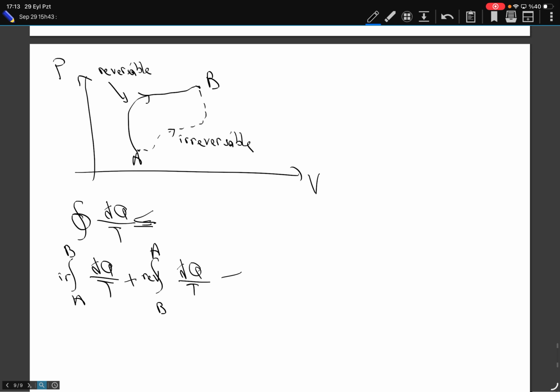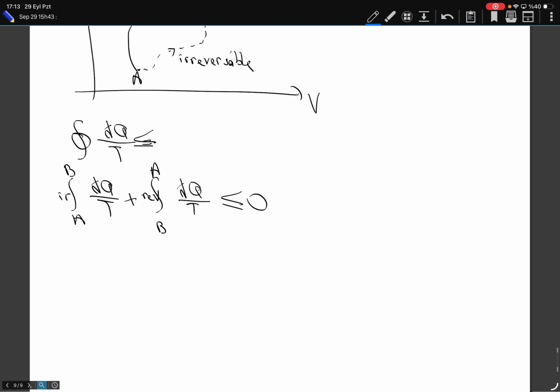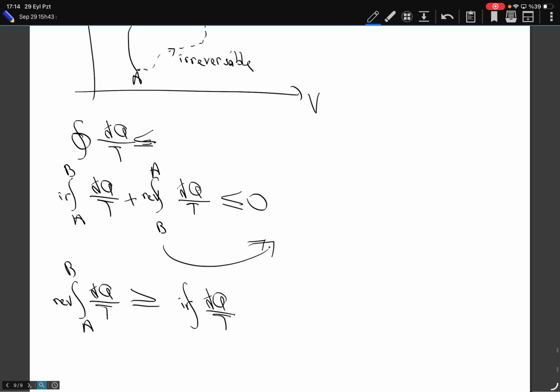This should be less than or equal to 0. Or if I move the second term to the right-hand side, there will be a minus sign. I want to get rid of that minus sign by just changing the limits of integration. So I have from A to B over a reversible process. This should be greater than or equal to the integral through the irreversible part, again from A to B.